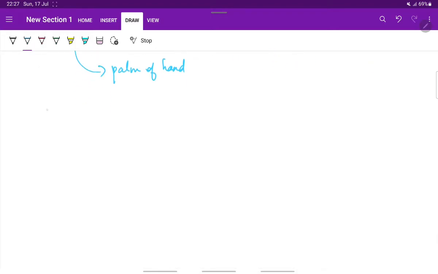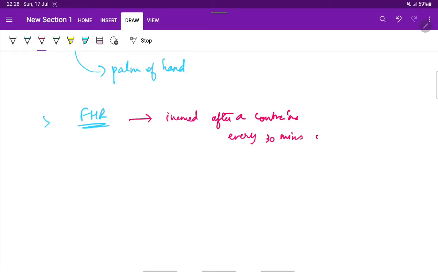Next, we also monitor the fetal heart rate. The fetal heart rate is checked immediately after a contraction, at least every 30 minutes in the first stage in normal patient, whereas in high risk pregnancy we measure the fetal heart rate every 15 minutes.